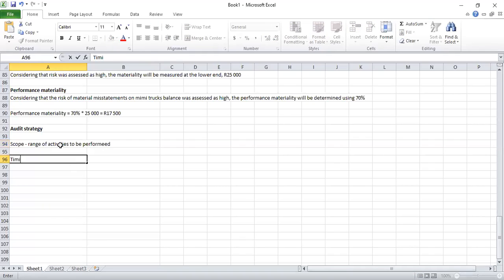Then timing, when to be performed. Then direction. These are the areas of focus. Right.